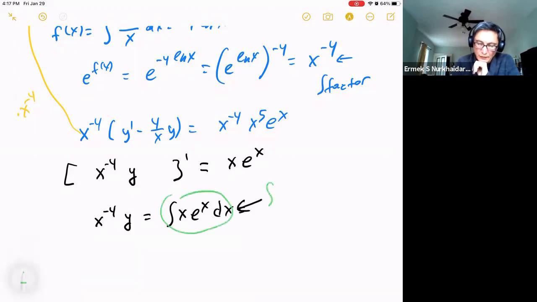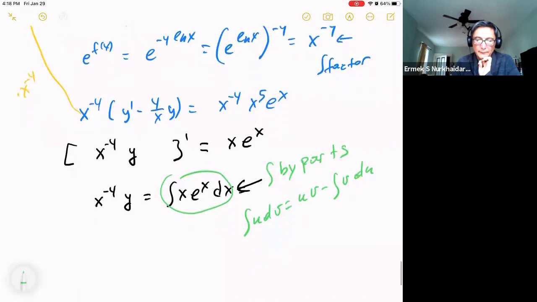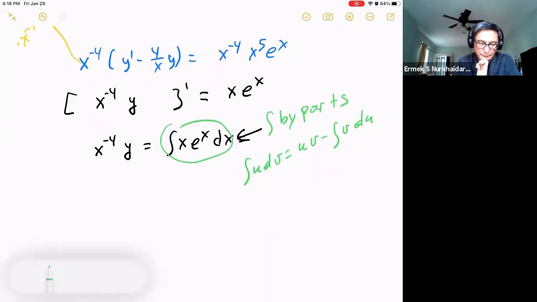This guy, integration by parts. You remember integral u dv equals uv minus integral v du. So if I do that here, I'm going to be choosing u to be x, dv to be e to the x dx.